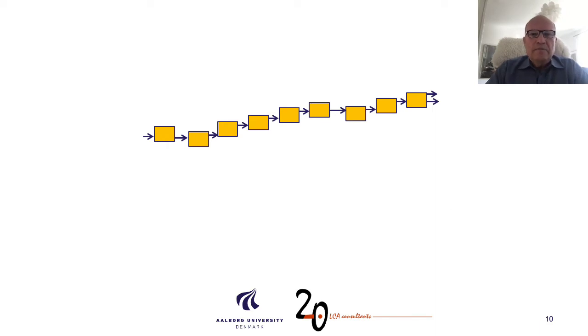Now, in a system here with two outputs, one of them being a byproduct, we're linking to another input somewhere else in the system. Typically, this will be somewhere upstream of our functional unit. And that means that everything upstream of that point will be slightly reduced.